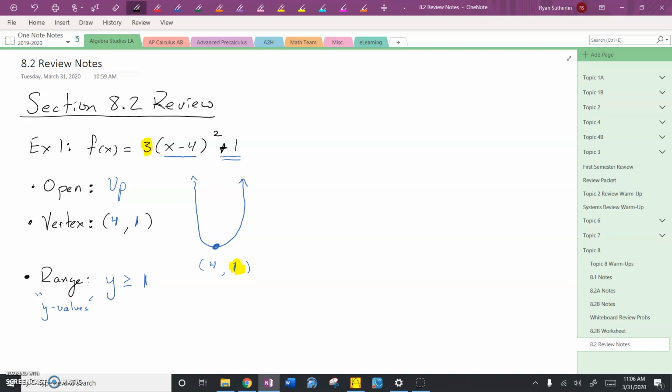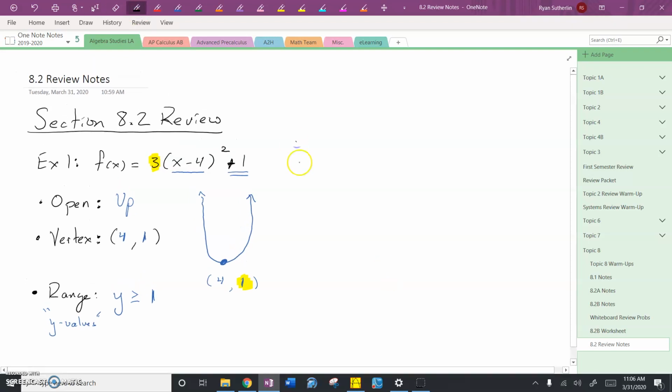So what I would like you to do now, for example 2, I would like you to answer the same 3 questions. Which way does the graph open? What is the vertex? And what is the range?